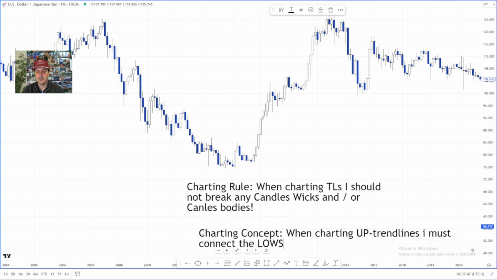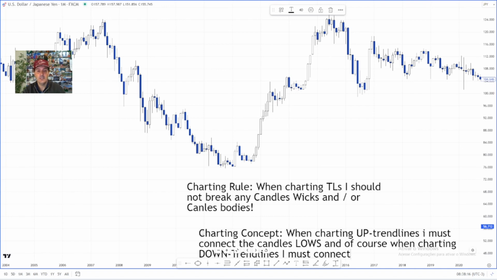I must connect the candles' lows. If charting up trend lines, I must connect the candles' lows.